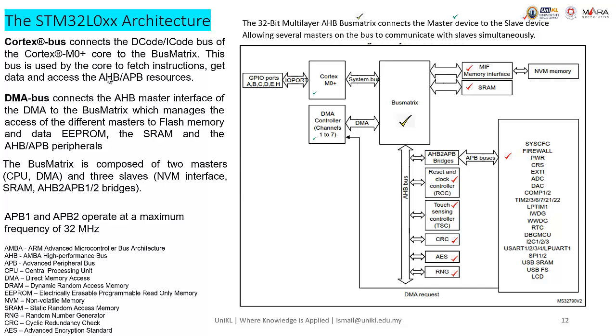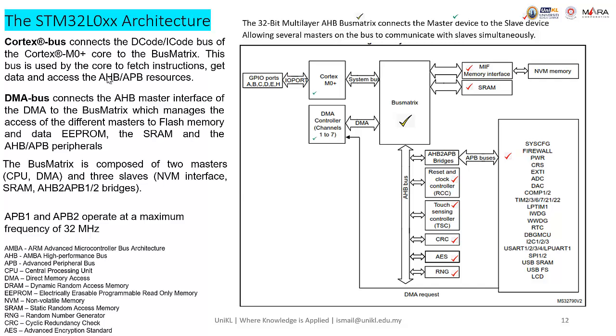So actually, in this type of processor, Cortex M, it looks like we have two controllers. One is the Cortex M0, the other one is the DMA.